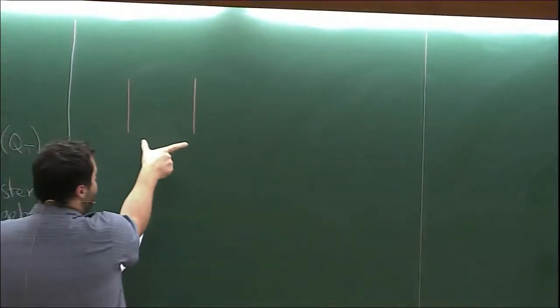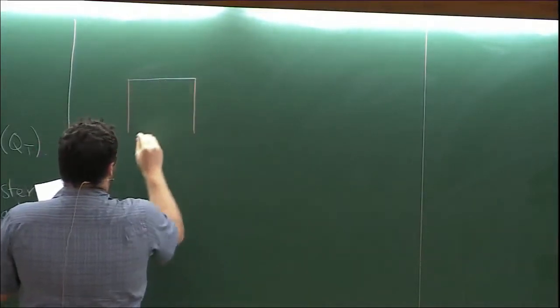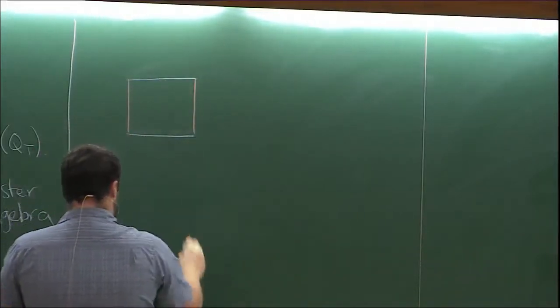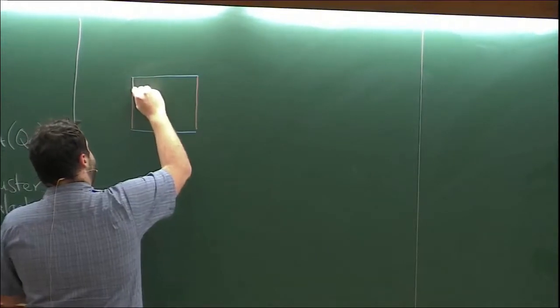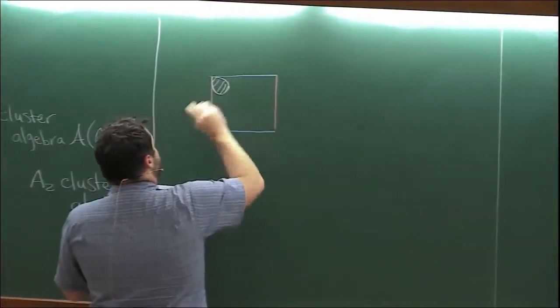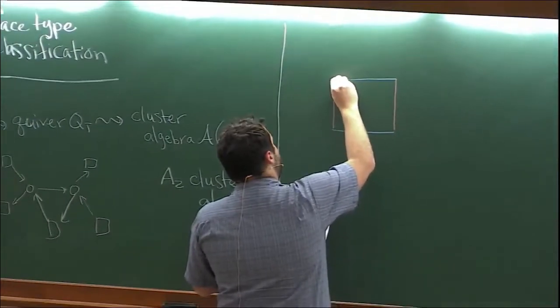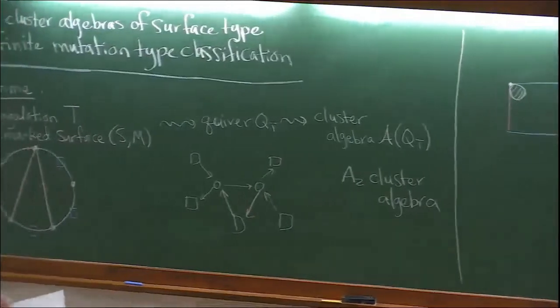So I'm identifying these two, that's why I drew them in the same color. And I'm identifying these two. Okay, so I'm going to have a torus with a disk cut out. And I need a mark point on every boundary component. So there's my mark point.